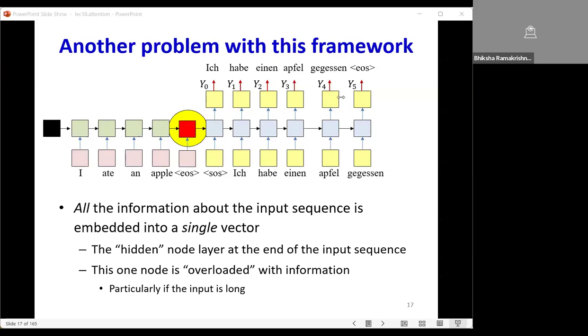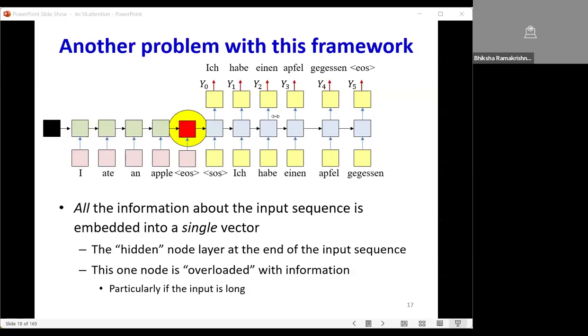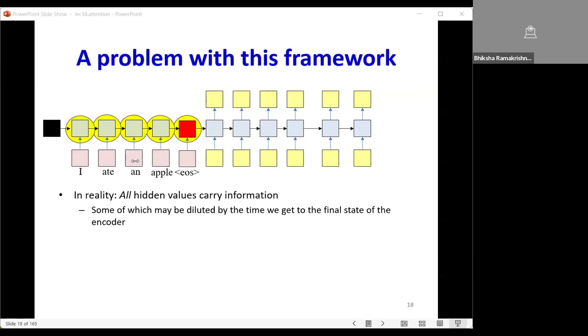Now, when you're performing some decoding, the outputs over here can be related to any part of the input. And the fact is, every one of these hidden values actually carries information. So the recurrence in the input can end up losing this information because of the dilution through recurrence, right?